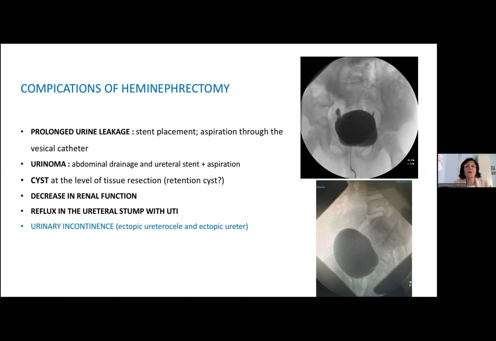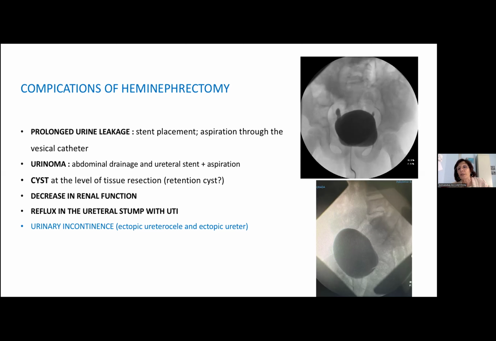Then this is not a complication, but it is a problem that we may have to face in case of heminephrectomy, and the problem is urinary incontinence, especially when we are speaking about ectopic ureter.